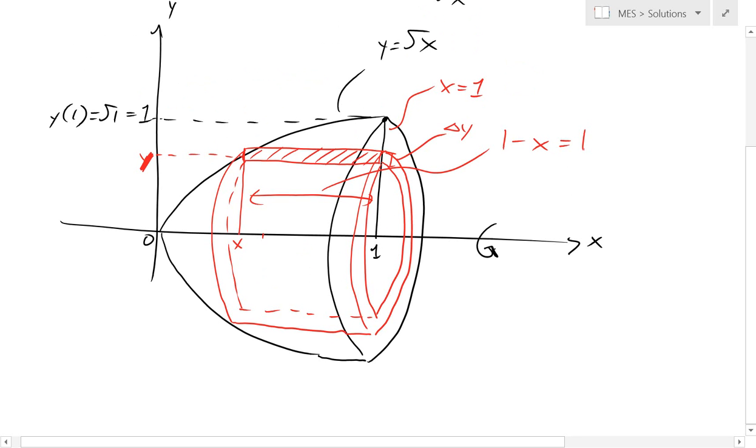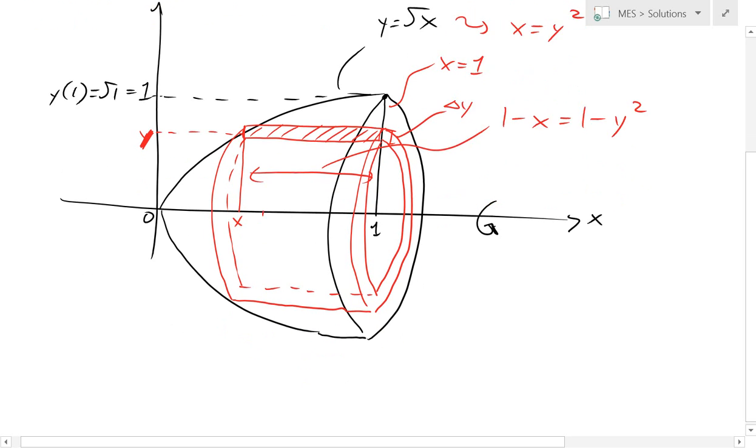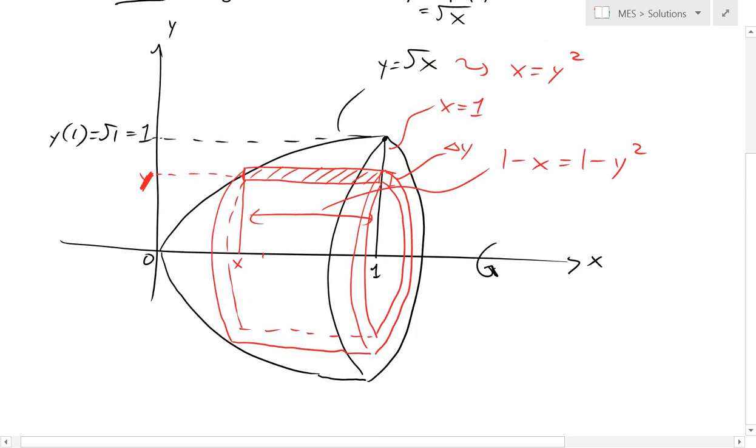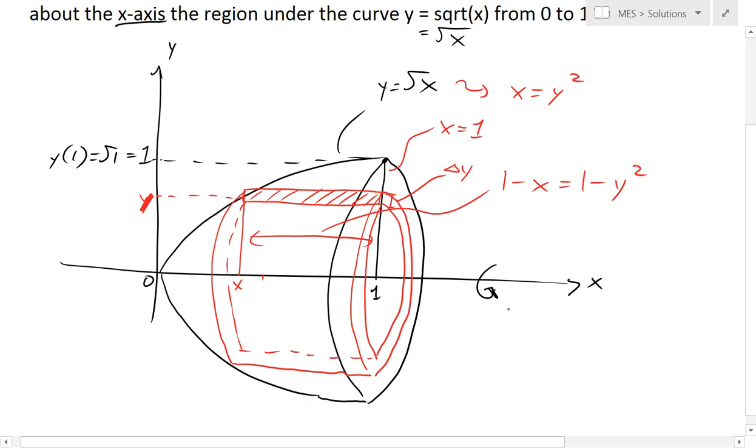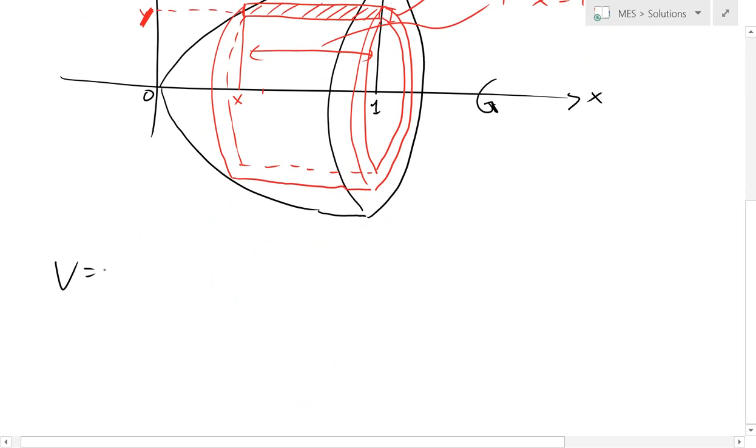This equals 1 minus x, and we can write this x in terms of y. Just square both sides, so we get x equals y squared. So this is just y squared. We're writing everything in terms of y because we're rotating about the x-axis, so we write the volume integral in terms of y.